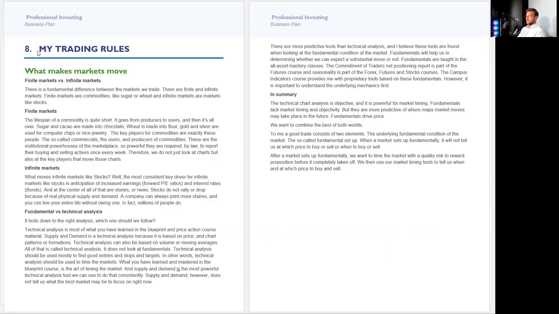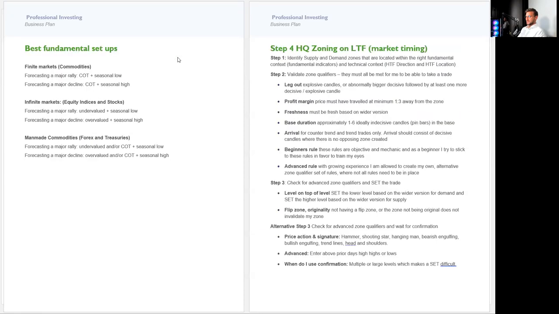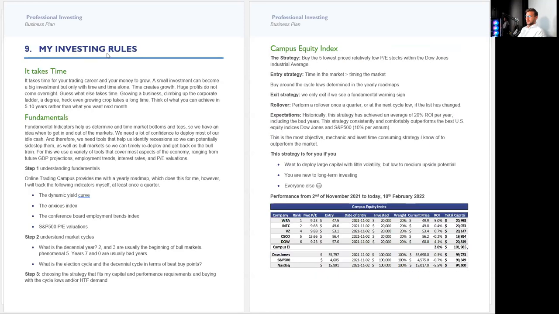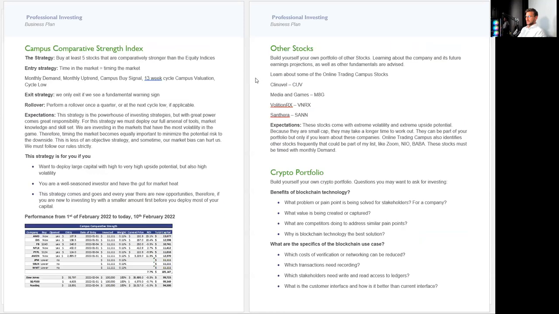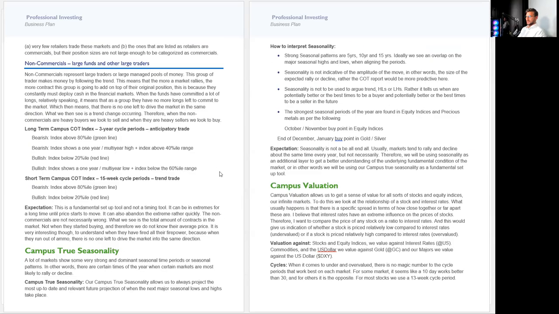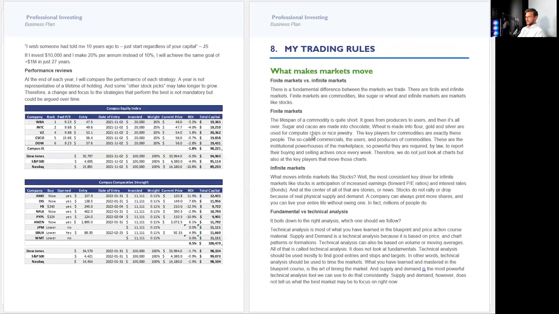And this is where my trading rules, and you can see it's just page after page after page, followed by my investing rules, page after page after page, will come into play, that we will spend the next sessions on, really going into detail on all of the rules that you should have as part of your trading strategy.